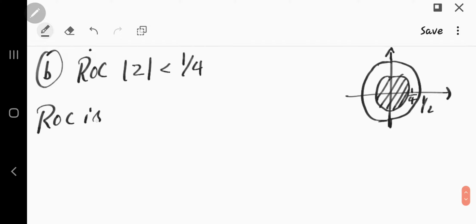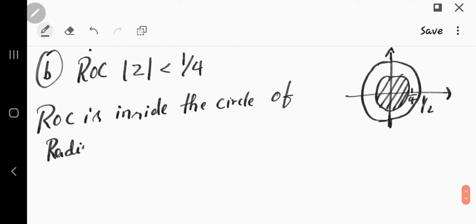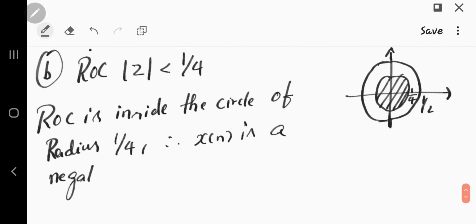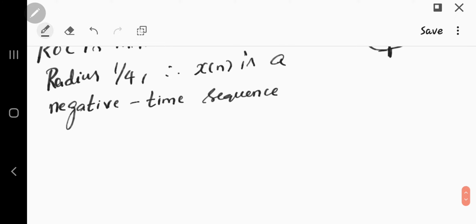So ROC is inside the circle of radius 1 by 4. Therefore, x of n is a negative time sequence.